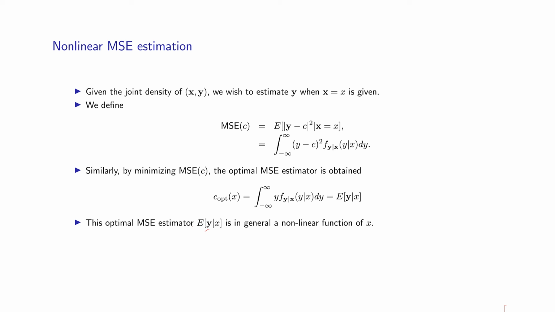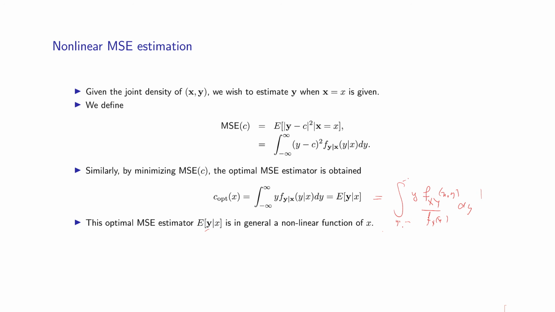The trouble with that is that in order to find this, you have to calculate this integral of y f_XY of x and y divided by f_X of x, dy over y. So you need a lot of knowledge about their joint distribution, which may not necessarily be available to you.